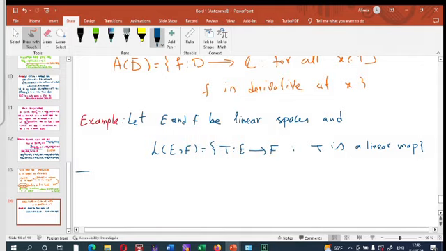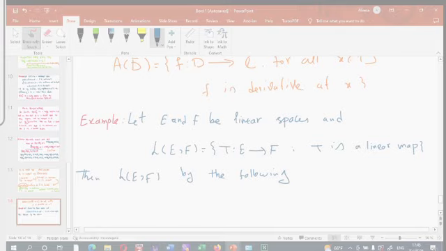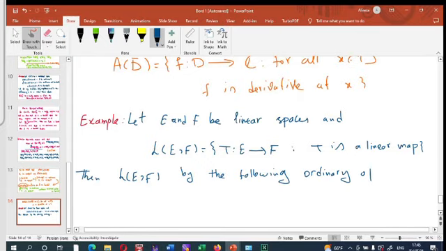Then L of E and F, by the following operations, is a linear space.